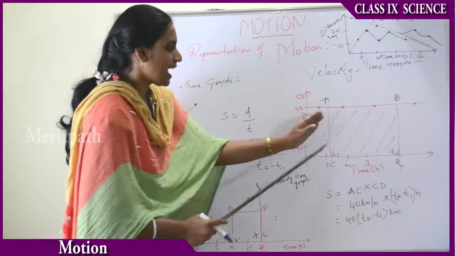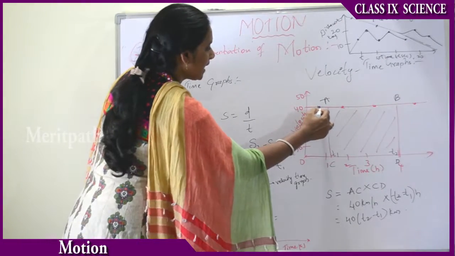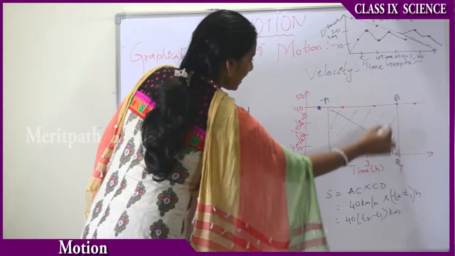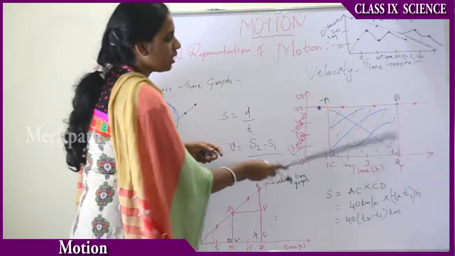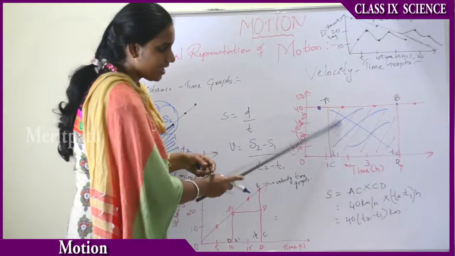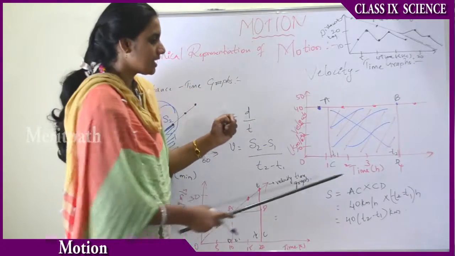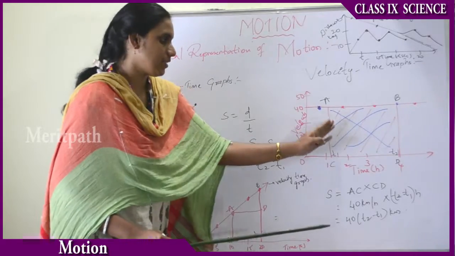Then we calculate how much distance it covered from point A to point B. This is the area covered by the car, the whole area. We have to calculate this area over the time taken, that is T2 minus T1. Let us see how to calculate the area. This is in the form of a rectangle.